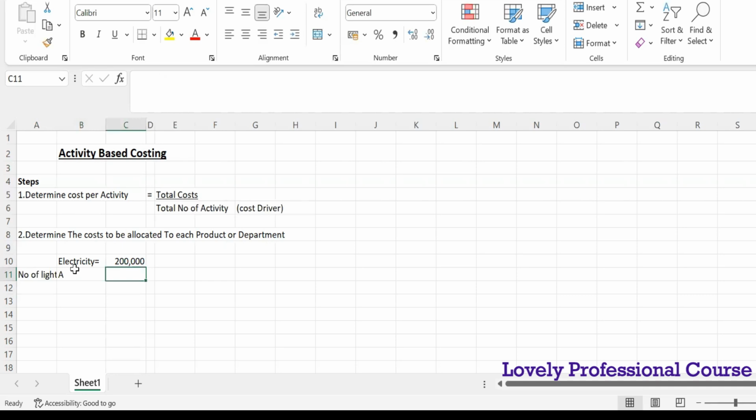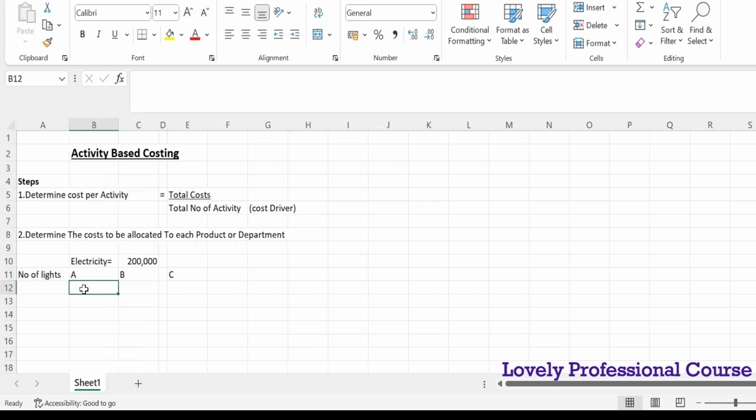We have a department A, a department B, and a department C. Let's say department A has 12 lights, B has 5 lights, and C has 3 lights.